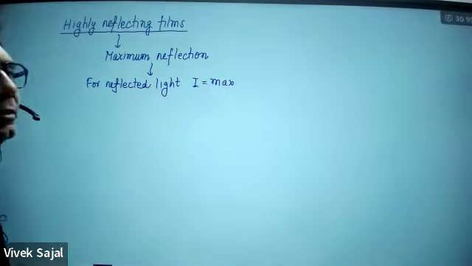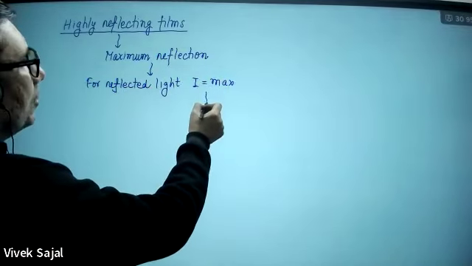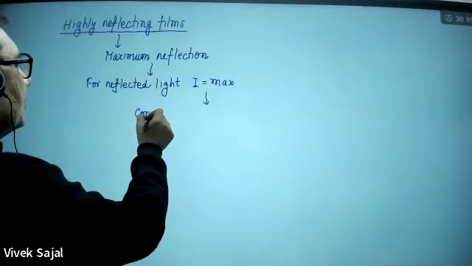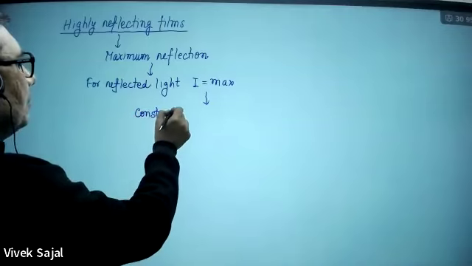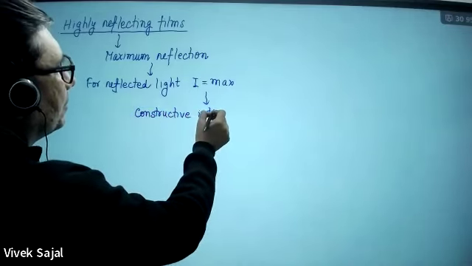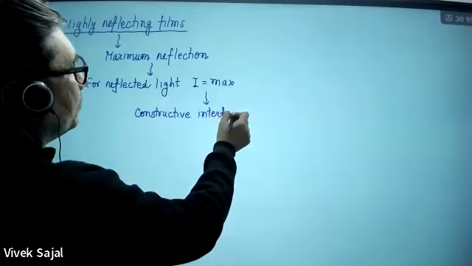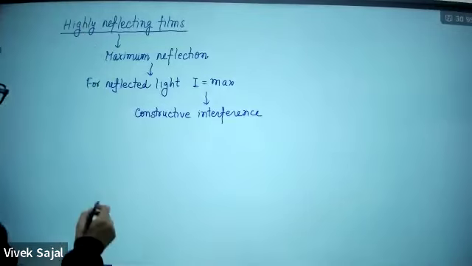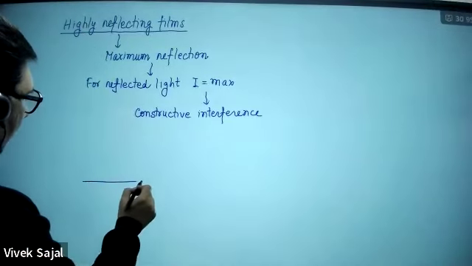So what should happen here? In this case, because you want I max, constructive interference will take place in between the reflected light. So here you are going to have a film like this.